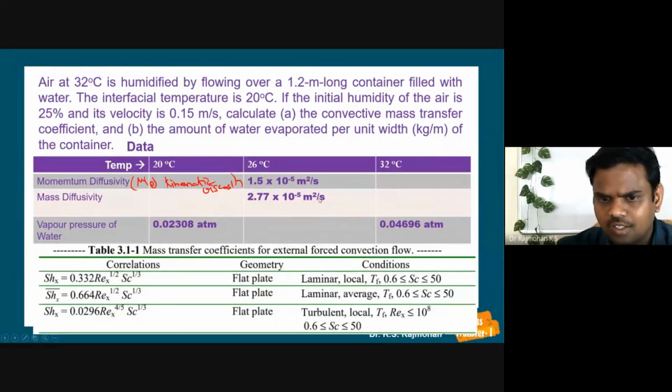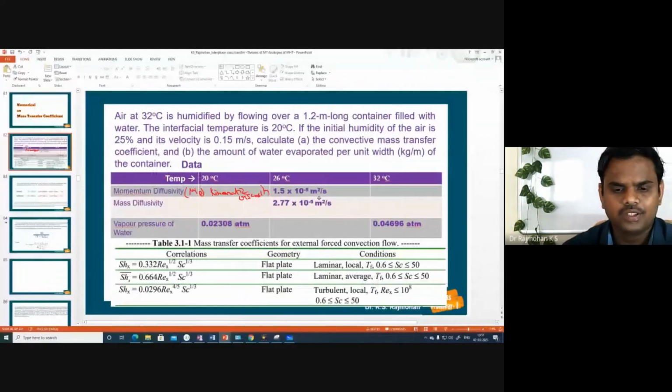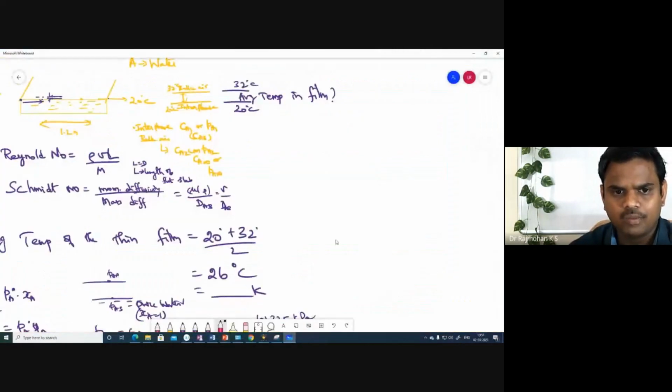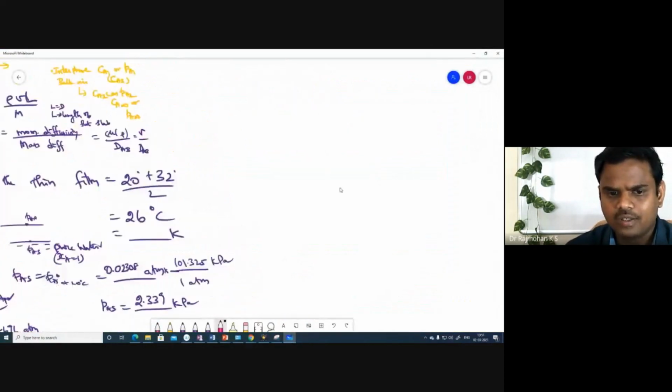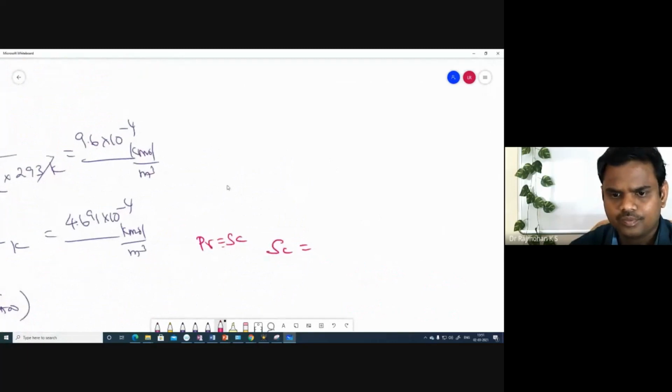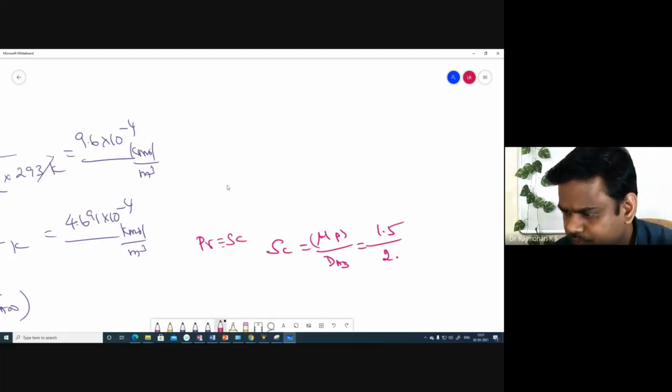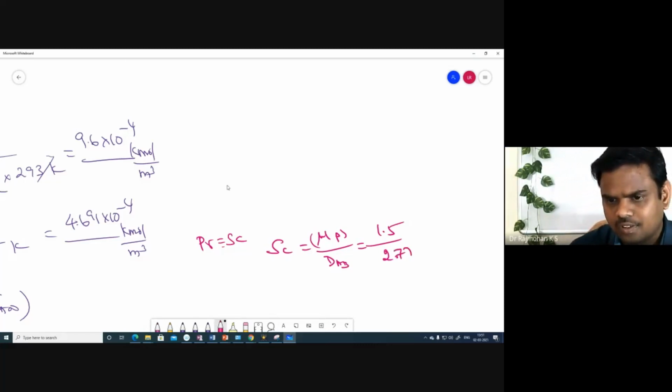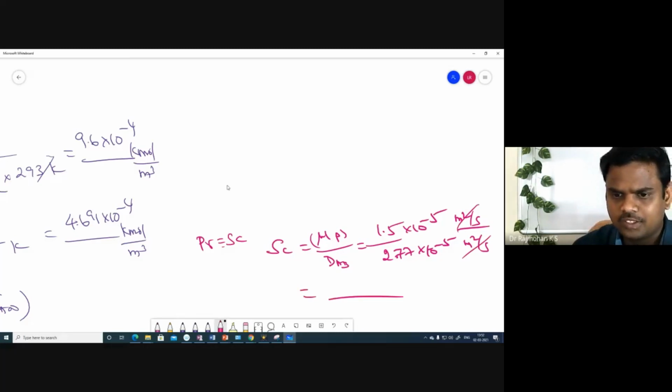One divided by another gives a dimensionless value. So the Schmidt number is mu by rho divided by DAB, which is 1.5 divided by 2.77. Both have units of meter square per second, so they get cancelled, and we get a dimensionless number.